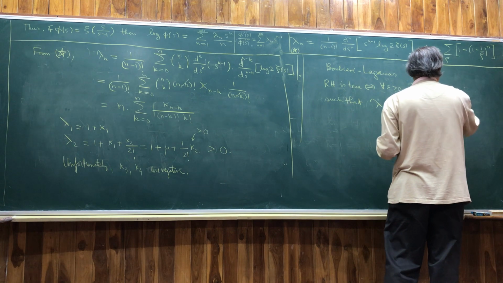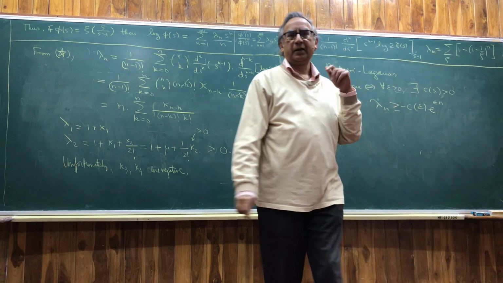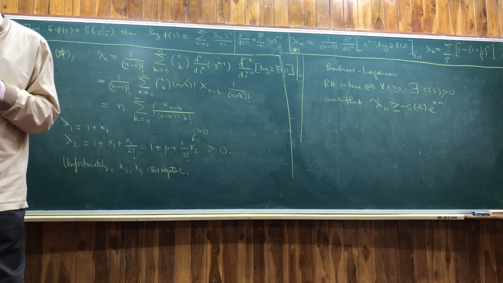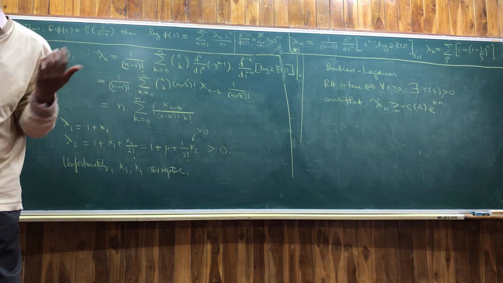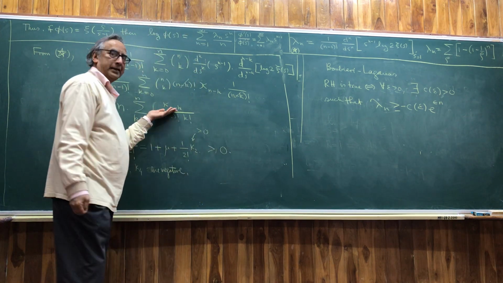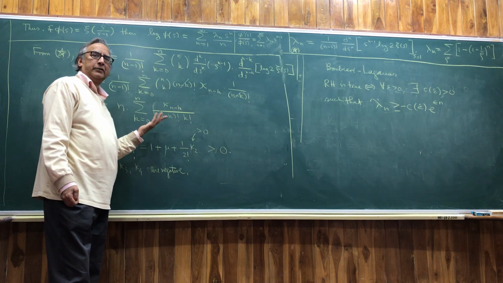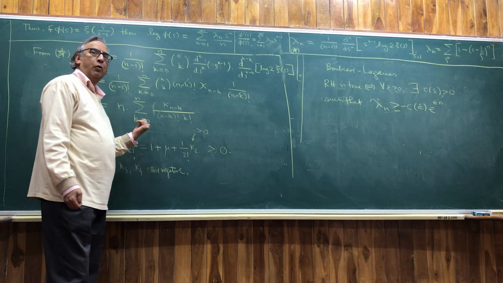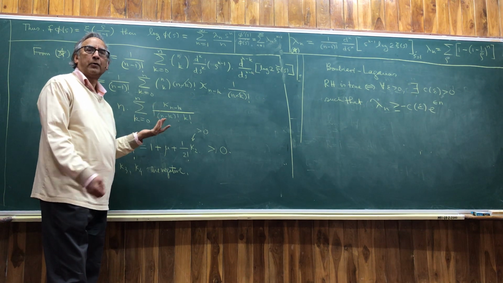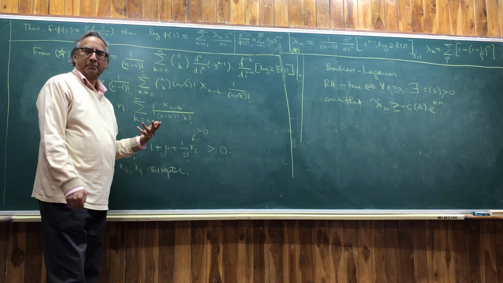There's some constant which depends on epsilon, so you're allowing exponential growth, negative exponential growth, and so you're giving that freedom. Maybe there's hope, even if these silly things are negative, if they're not negative too badly. That's where we are right now.